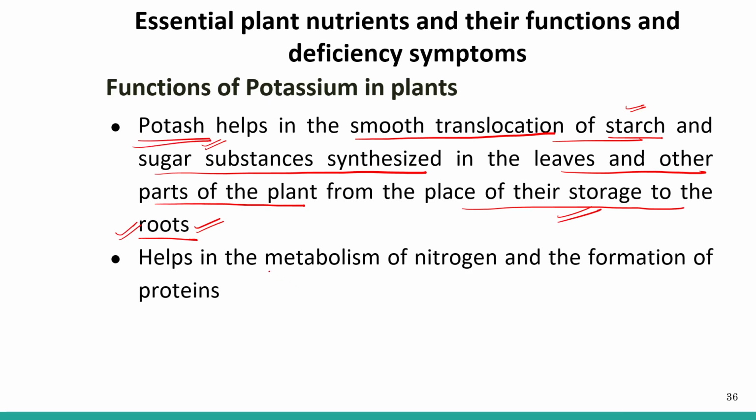It also helps in the metabolism of nitrogen and the formation of proteins in the plants.